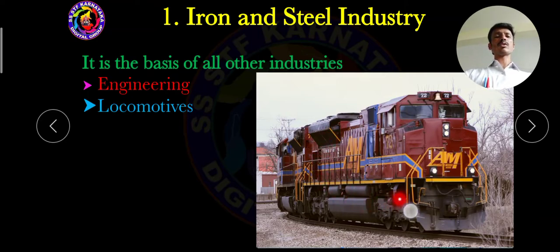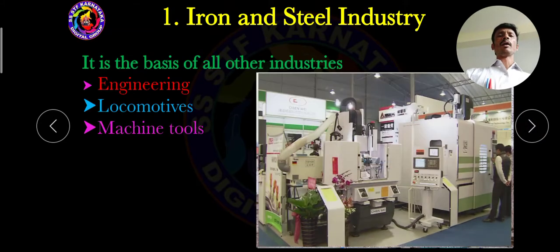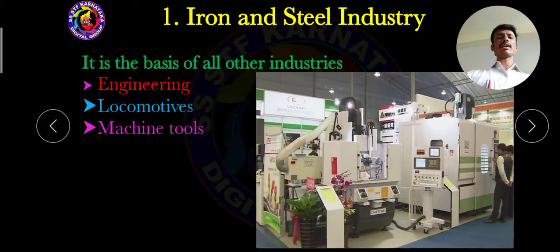So important trains, boats and ships, such engines are also prepared through the iron and steel industry. That is locomotives. Then machine tools. Mechanical tools and machines are made by the iron and steel industry.